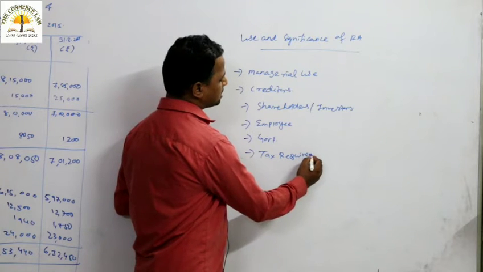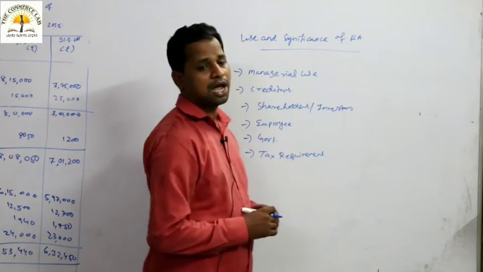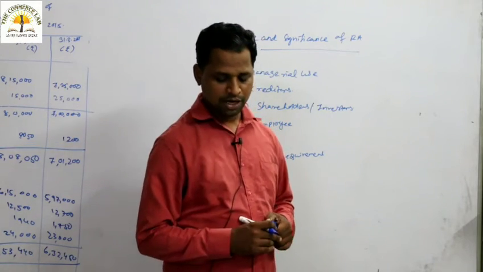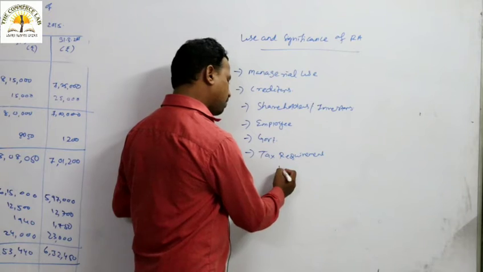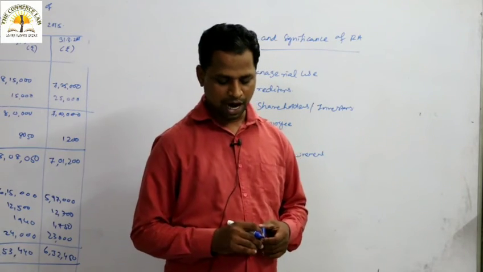So if business people, according to the Income Tax Act and the Finance Act 1984, have a business turnover of 1 crore, you need to supplement different kinds of ratios.